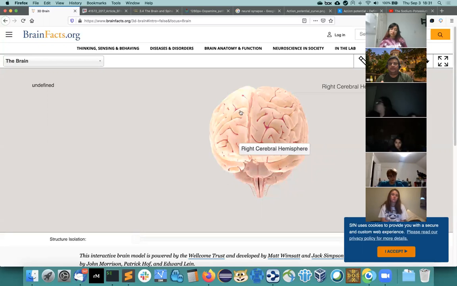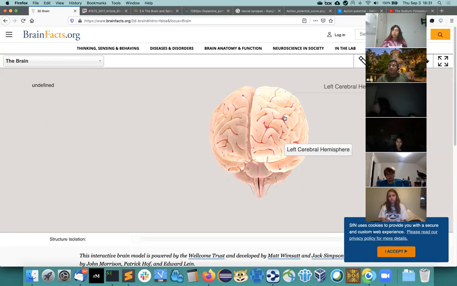So this right hemisphere here controls the movements of the left side of your body, and the left hemisphere here controls movements and sensations, by the way, of the right side of the body. Nobody knows why that is. It's just the way it is.